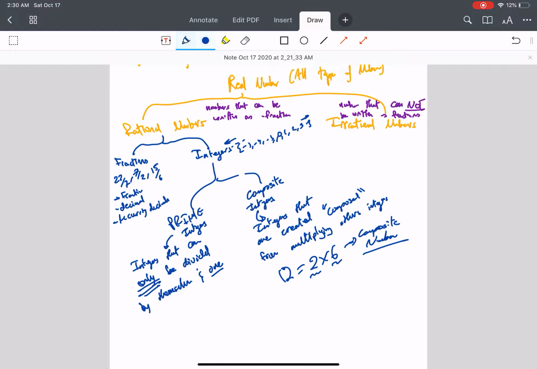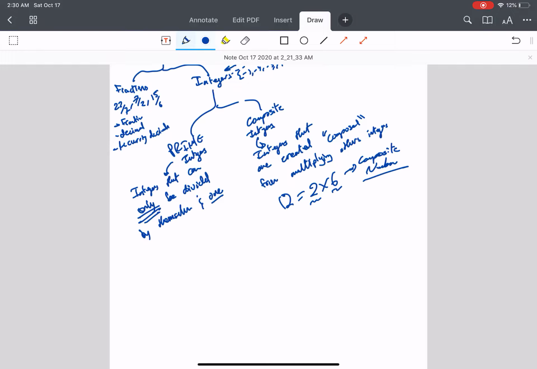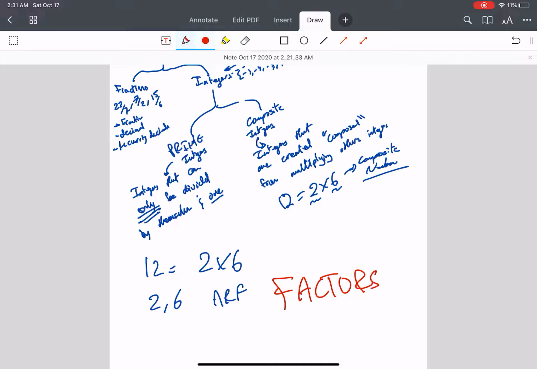So moving forward, when we gave the example, we said that 12 is created from multiplying 2 times 6. So 12 is equal to 2 times 6, and we say that 2 and 6 are factors of 12.